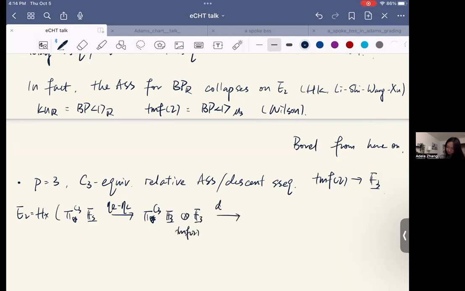There are some higher terms, you know the idea. And this converges to the C3 homotopy groups of TMF2.